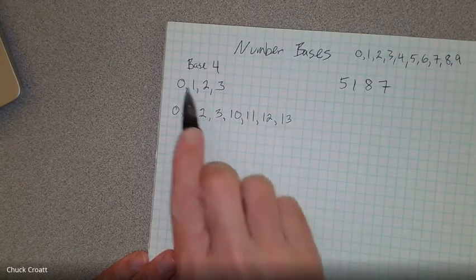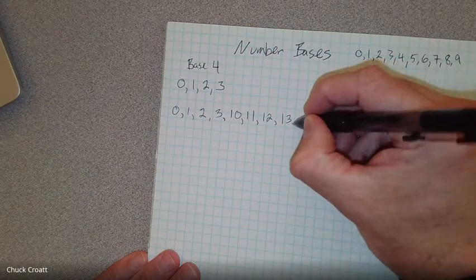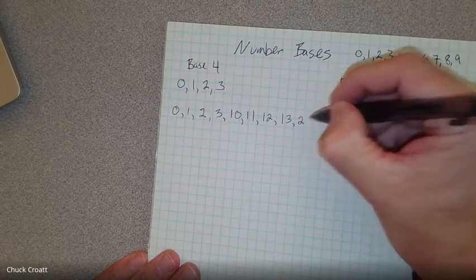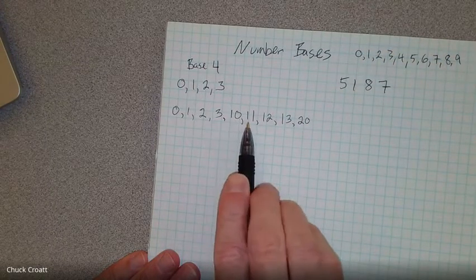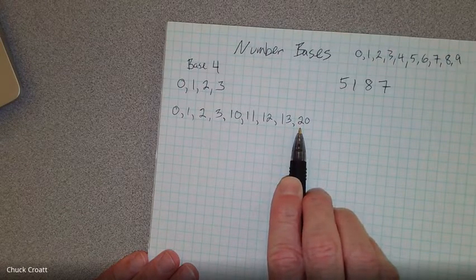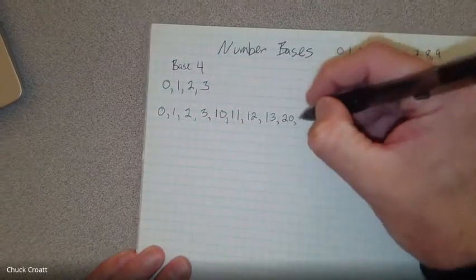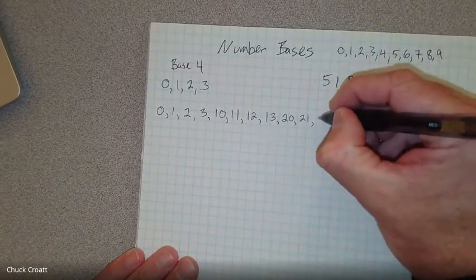I can't go any further than that because I'm only allowed to use 0, 1, 2, and 3. So I've got to keep track of that. I've got now 2 fours and 0 ones. So 4, 5, 6, 7, here's 8. 2 fours and 0 ones is 8. And I'll go just a little bit further. I'll be able to get to a 3-digit number fairly quickly.